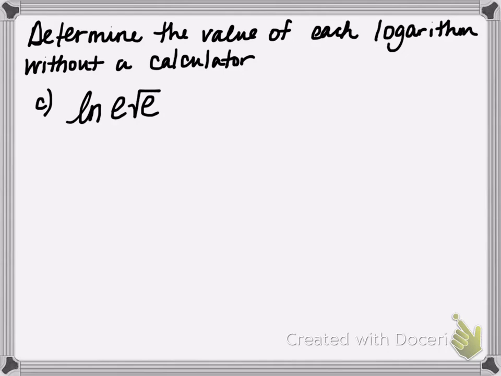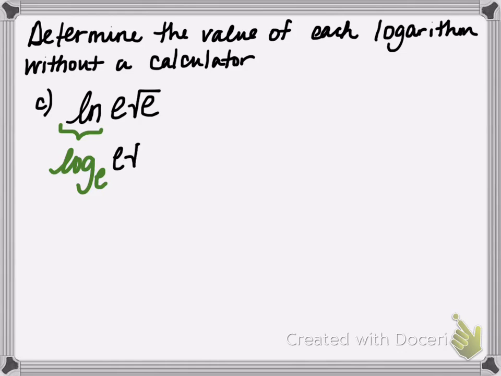Part C, the natural log of e times the square root of e. So, a couple ways of attacking this problem. One way, again, is to realize that natural log is the same as log base e. So a natural log is a logarithm with a base of e.